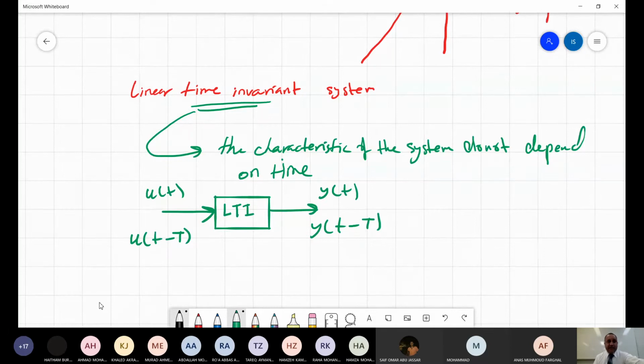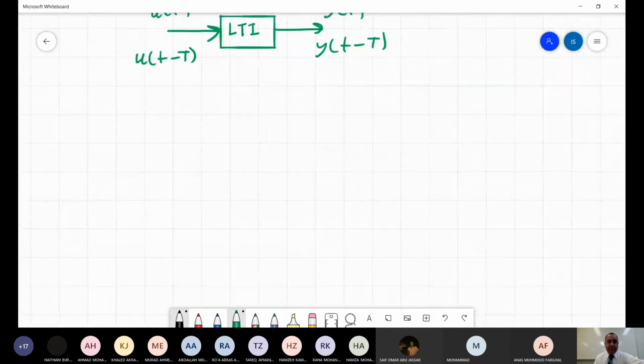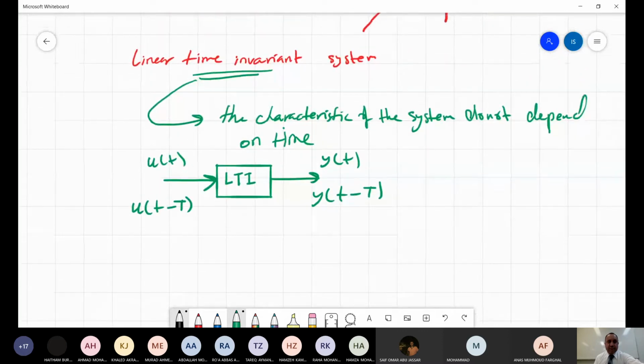Who can give me an example of a linear time varying system? Any system that the characteristic depends on time. So in this course, we will study the linear time invariant system, for short, LTI.